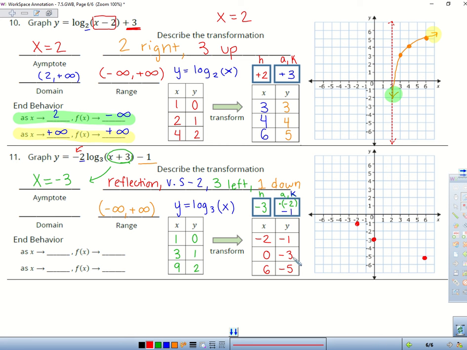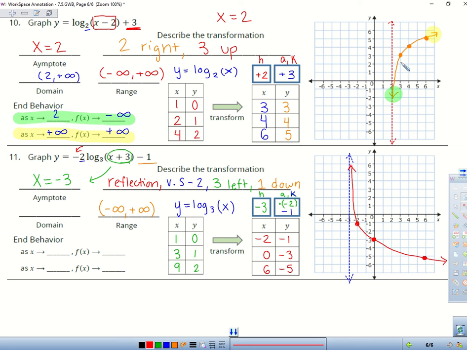Multiply, subtract. Okay. So I'm going to graph my asymptote at -3, like that. And then I can follow the asymptote up with my graph. So it looks like this.